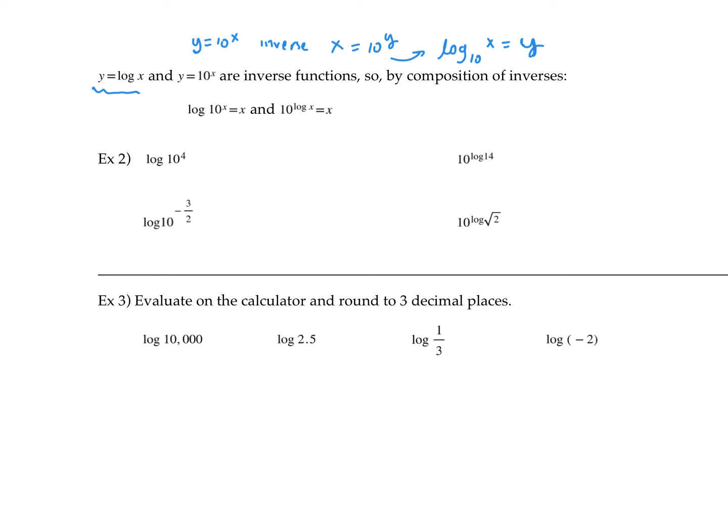Right. If you did a composition of the two functions, meaning we did f of g of x, we would come up with the common log of 10 to the x power would be equal to x, and 10 raised to the common log of x is equal to x.